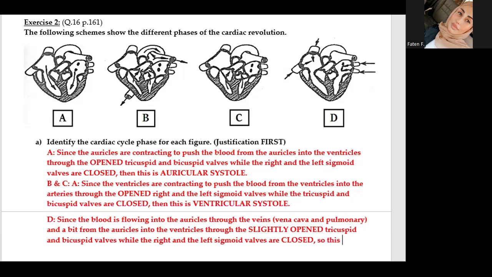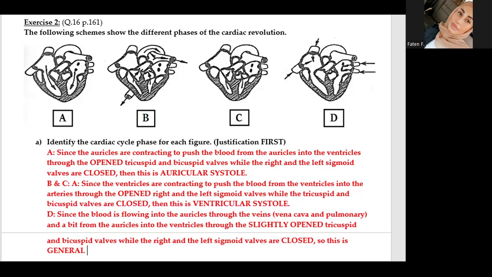So this is general diastole. It's the phase of relaxation of the heart. Right?